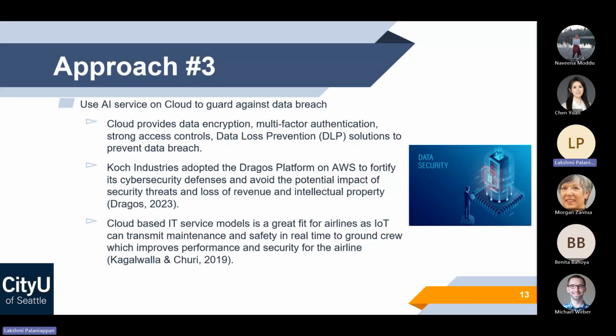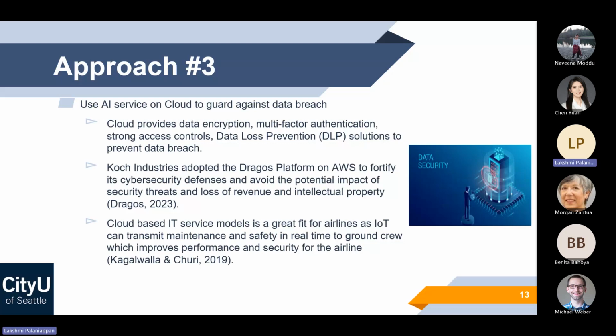The third approach is to use cloud AI services to guard against data breach. Other industries rely on cloud AI services to proactively monitor and detect threats, vulnerabilities, or malicious activities on their network. One such manufacturing industry is Coach Industries. They use Drago's platform on AWS to fortify its cybersecurity defenses and avoid security threats on their manufacturing operations and prevent loss of revenue and intellectual property.